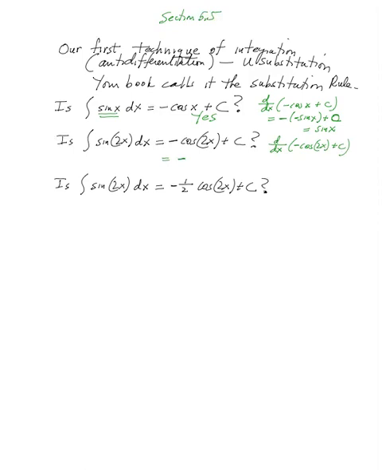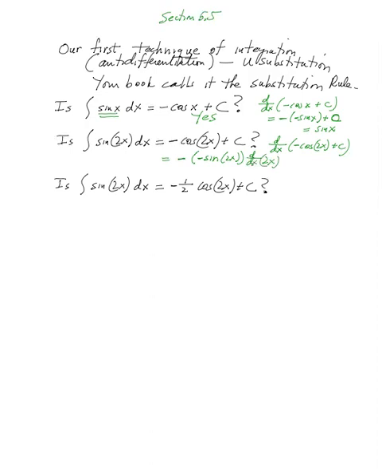This negative comes out front. The derivative of cosine 2x, that's a composite function. There's an outside and an inside. The derivative of the outside is negative sine. But I got to multiply by the derivative of the inside. Remember chain rule?